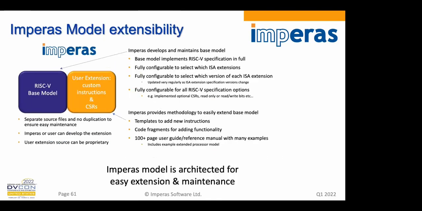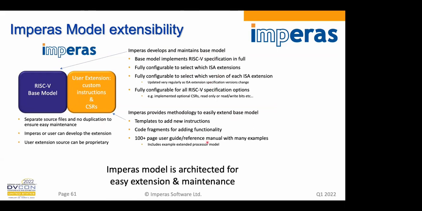One of the things that's key about RISC-V is that even though it's a very sophisticated instruction set architecture with a lot of different extensions, you're allowed to add your own instructions and add your own state and registers in there. And in Imperas, we built a methodology around our modeling capability. So we develop and maintain the base model, which is the standard, which is fully configurable, so you can select all the different versions and options that you might want in there.